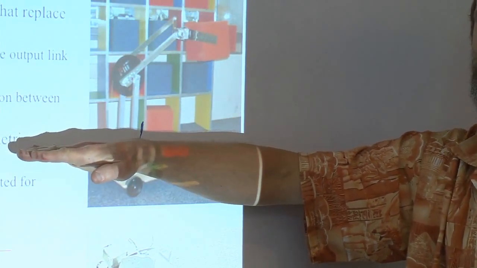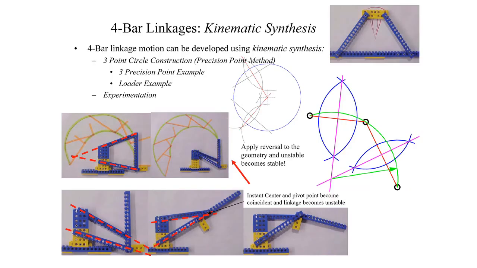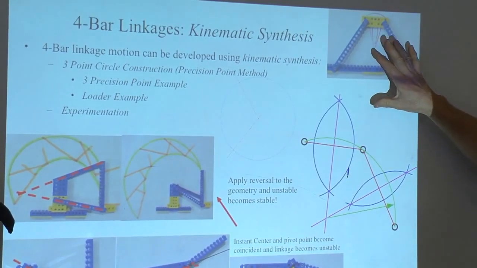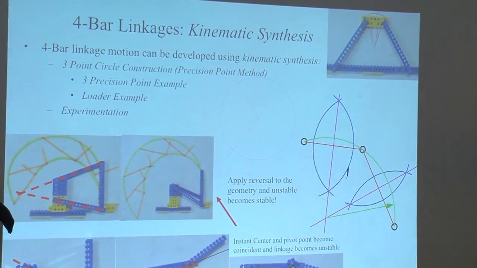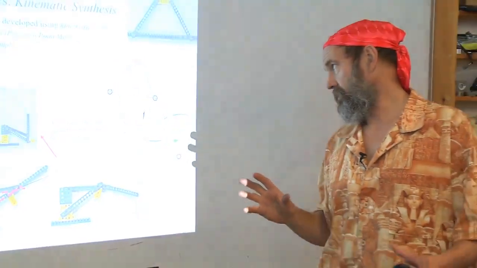How would you actually design the details of that linkage? How would you do that? Okay. You do that through something that's called kinematic synthesis. Kinematic synthesis allows you to say, here's the motion I want to accomplish, and now fit the links to it. Okay?